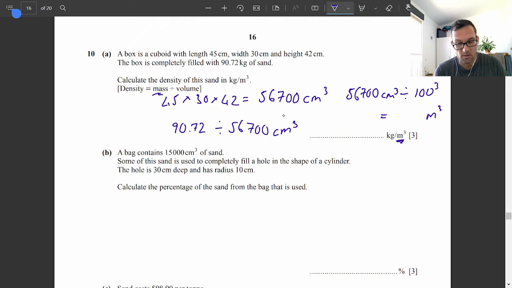So we do 56,700 divided by 100 cubed, which gives us 0.0567 meters cubed. Okay, so that means actually, let me just correct this.